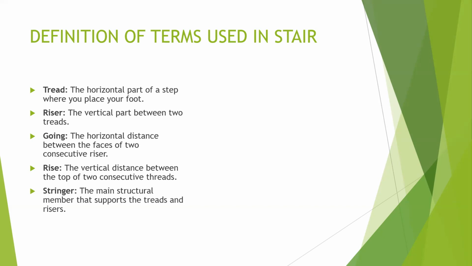Okay, so there is something called a stringer. A stringer is the main structural member that supports the treads and risers. Okay, there is a baluster. That is a vertical support or spindle, often decorative, that supports the handrail.